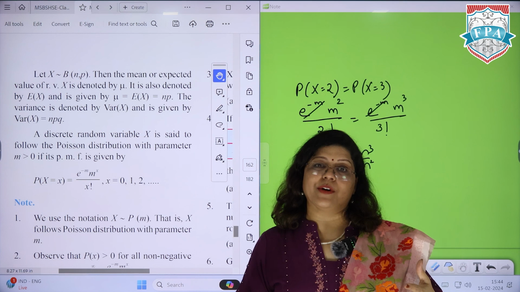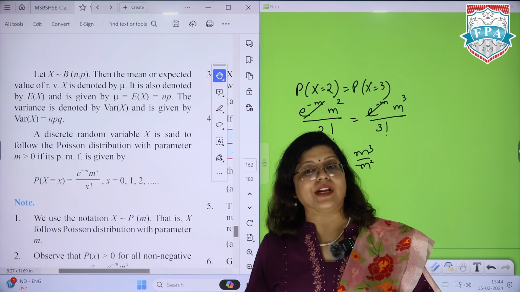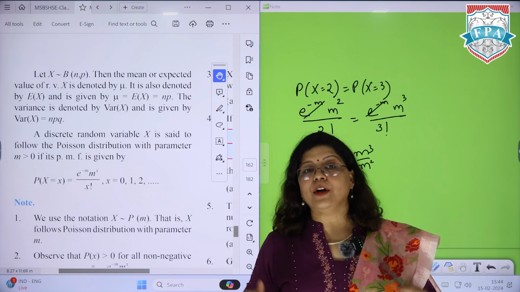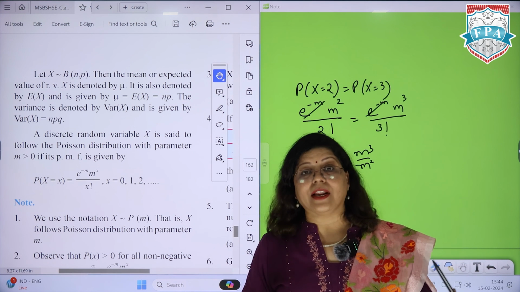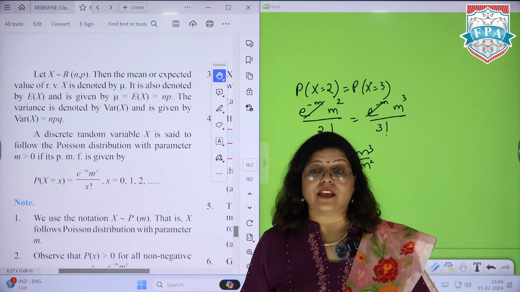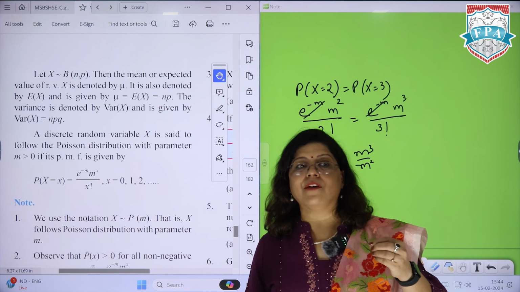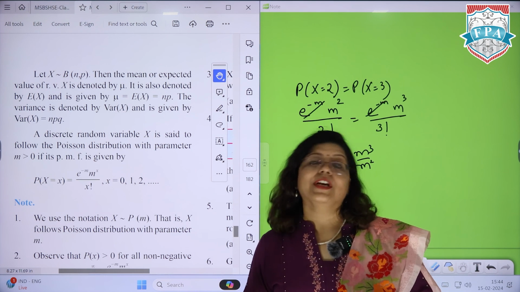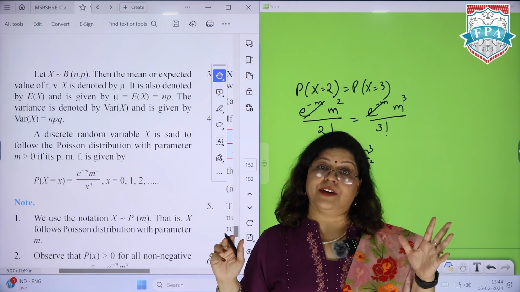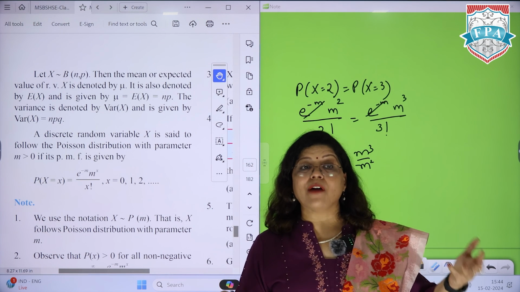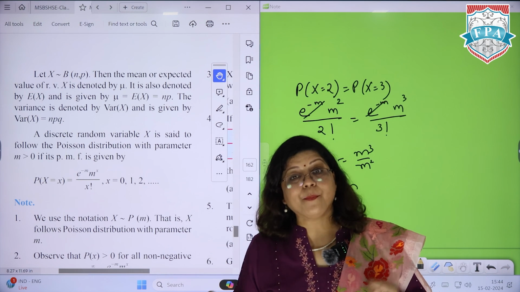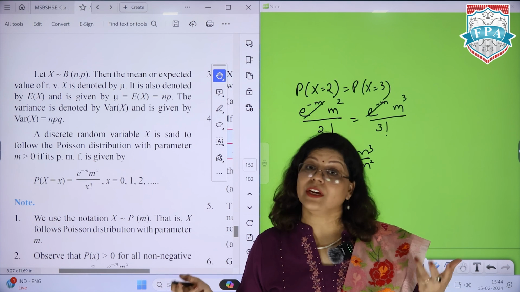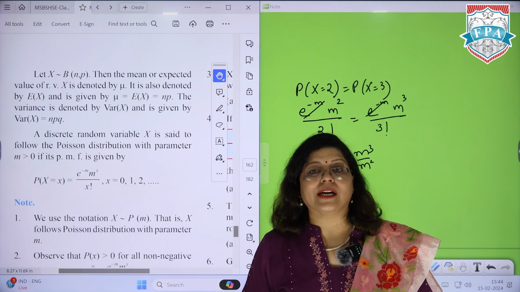If your paper is not presentable, if you are not highlighting your answer, they won't be able to judge things directly. The difference between 4.5 and 5 out of 5 is basically your presentability. The person who gets 4.5 also knows the concept, but somewhere loses marks on presentability. So work on that.